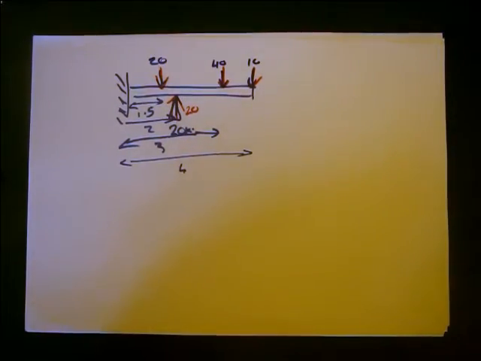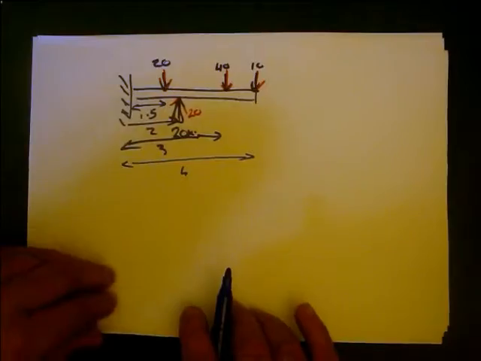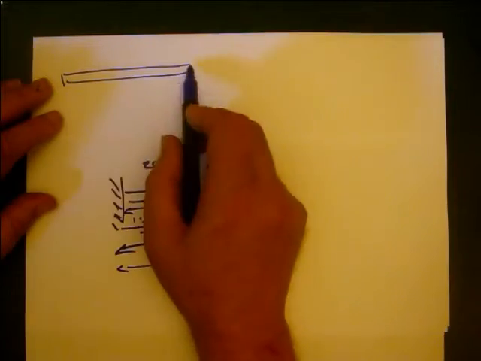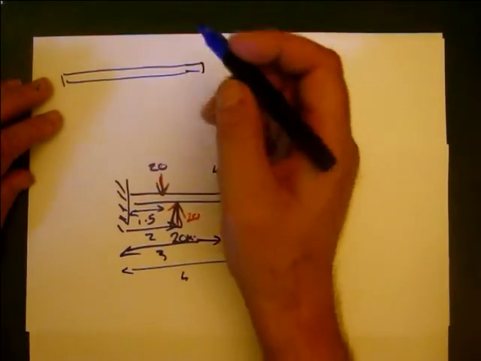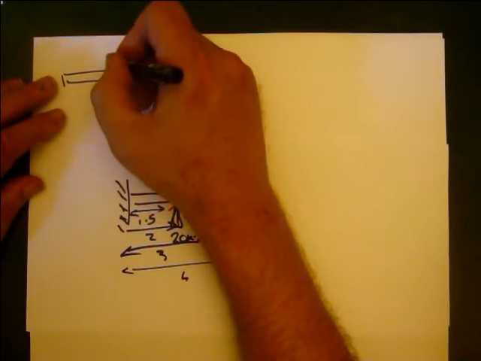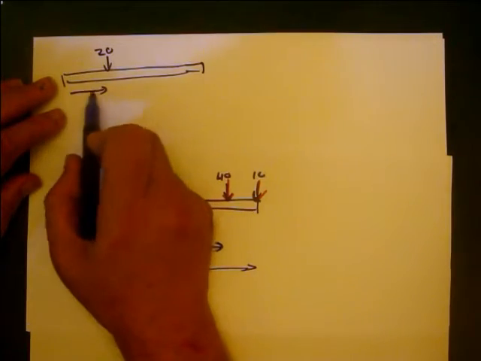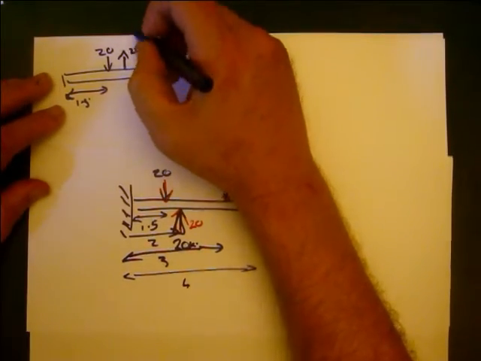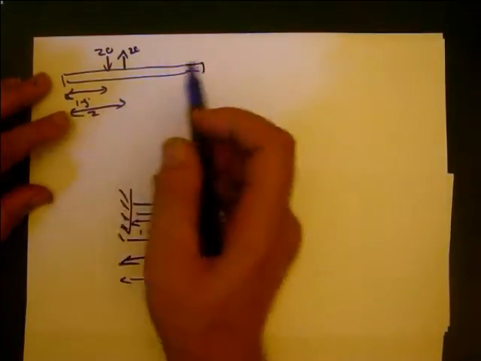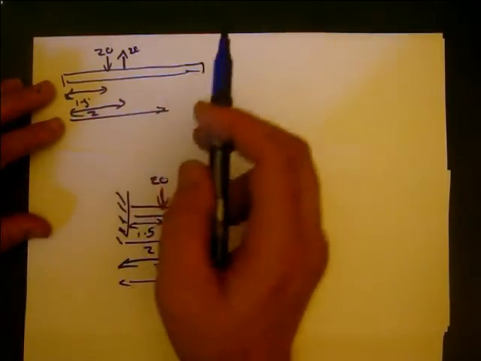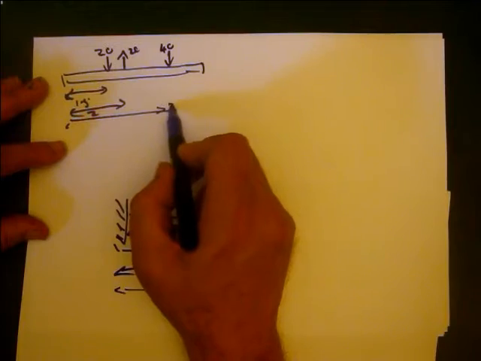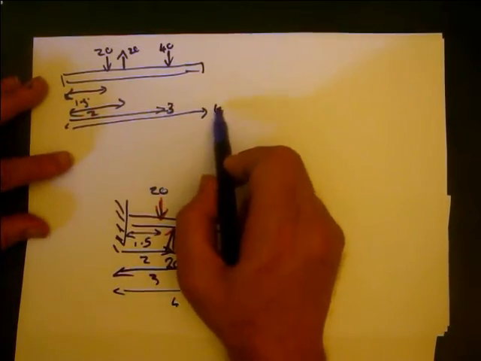So what we're going to do is the normal way if we want to find out the maximum bending moment. We draw our free body diagram. So we have our beam hanging out here. I've got 20 acting here at 1.5, 20 acting up at 2, at 3 I've got 40 acting down, and at 4 I've got 10 acting down.